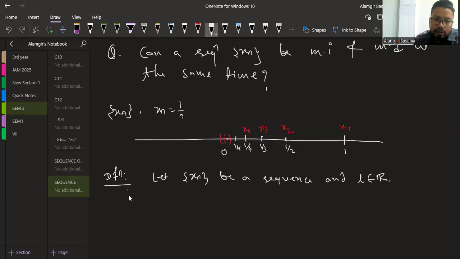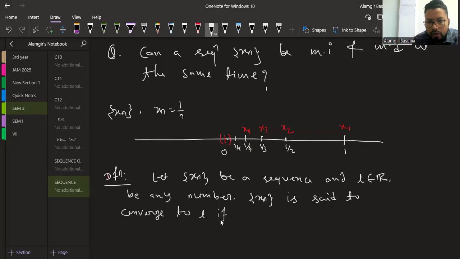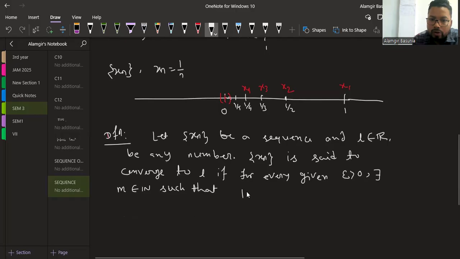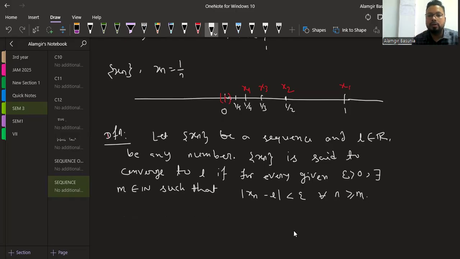Now x_n is said to converge to L if for every given epsilon greater than 0, there exists a natural number M such that this condition holds: modulus of x_n minus L is less than epsilon for all n greater than or equal to M.